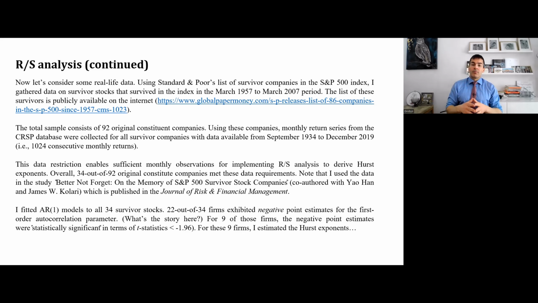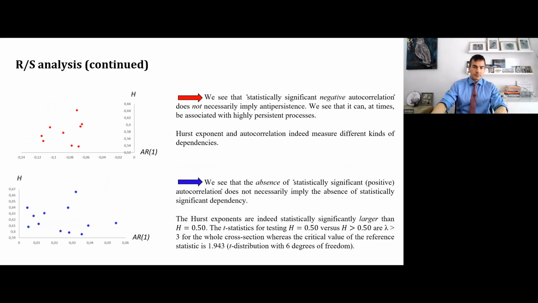For 9 of those firms, the negative point estimates were statistically significant, as the t-statistics were below minus 1.96. Using standard statistical analysis, you would regard them as statistically significant. Then, for these 9 firms that exhibited statistically significantly negative autocorrelation, I estimated the corresponding Hurst exponents.